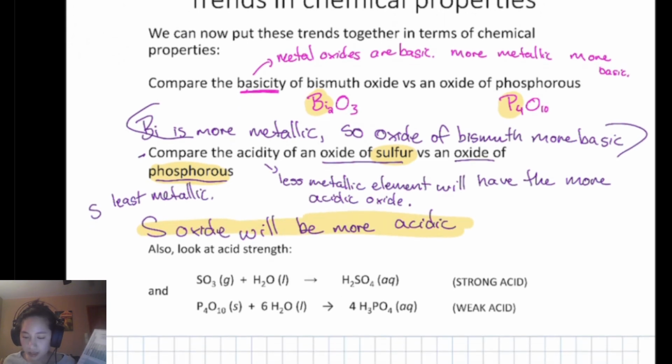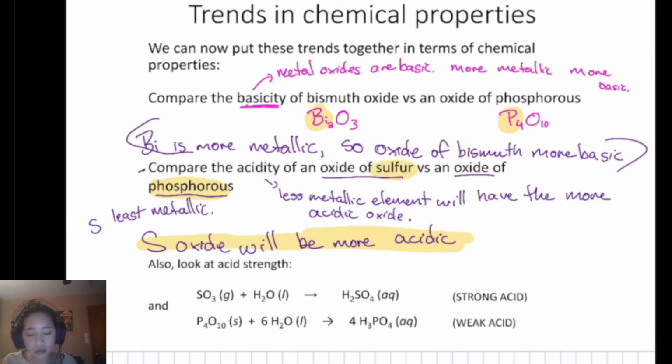Here I actually just wrote the acid strength. These are the reactions that are actually happening, if we wanted to compare the acidity of the sulfur oxide and the oxide of phosphorus. Here I've shown you the molecular formulas of the sulfur oxide and the phosphorus oxide. Add them to water. SO3 plus water produces sulfuric acid. And P4O10, the oxide of phosphorus, which you don't need to know, if you add water to it, you make phosphoric acid, H3PO4.